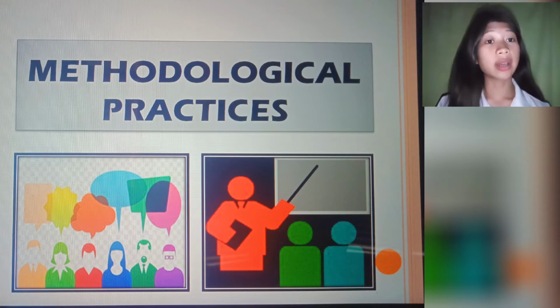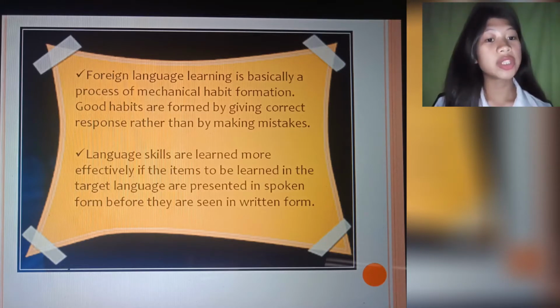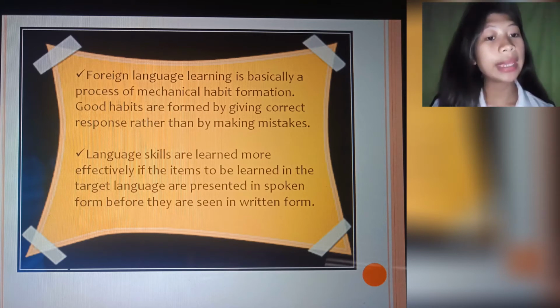So here are some methodological practices in the audiolingual method. First, foreign language learning is basically a process of mechanical habit formation. Good habits are formed by giving correct responses rather than making mistakes.